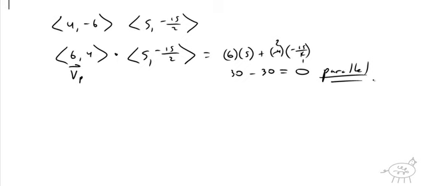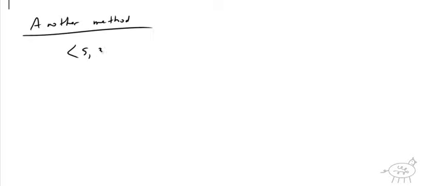Now I want you to understand, if I give you just a single vector, this is another method. If I give you 5, 3 and ask you to sketch that vector, wouldn't you go 5 in the x for the x component and then 3 for the y component? And here's your vector. You kind of know the slope of that line, don't you?